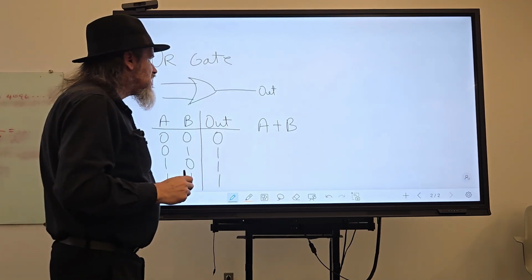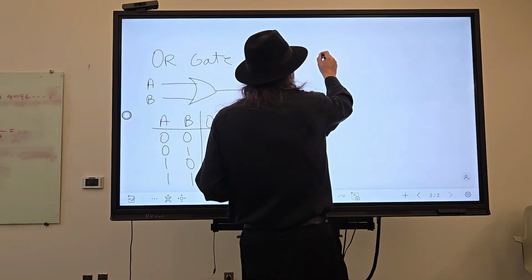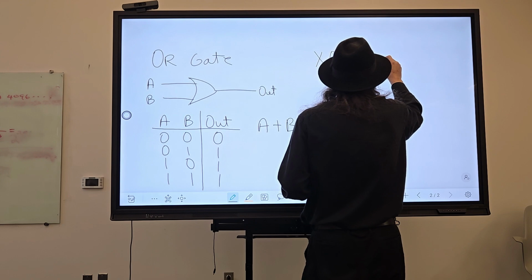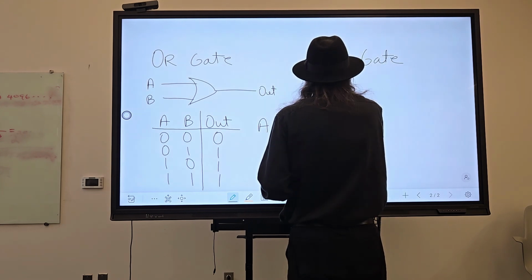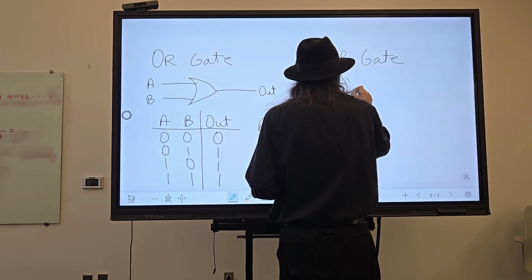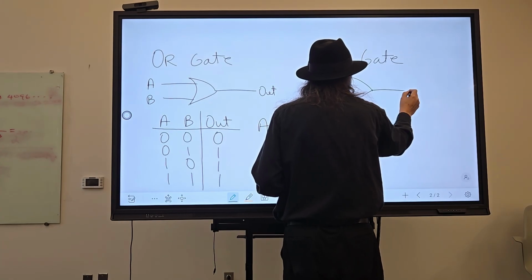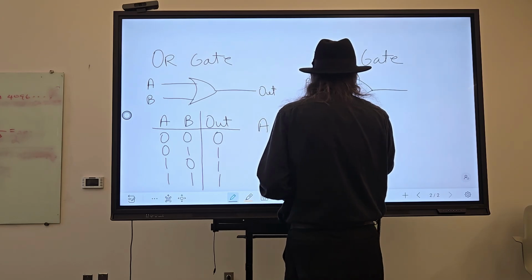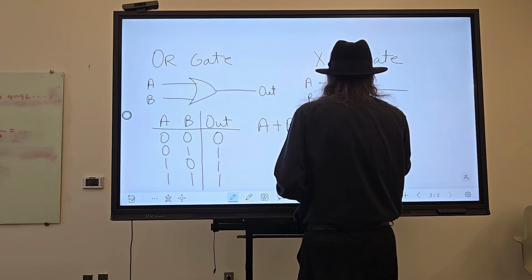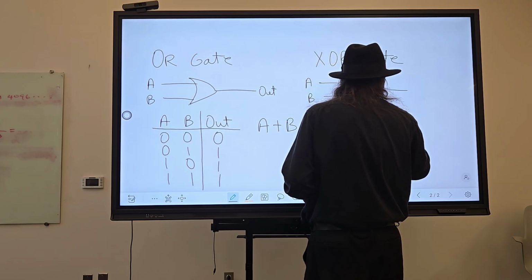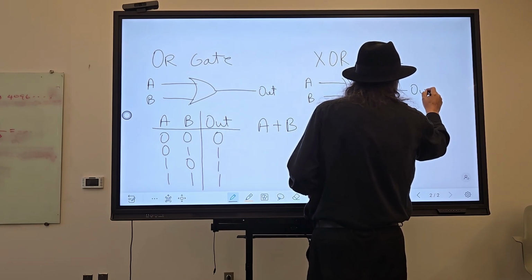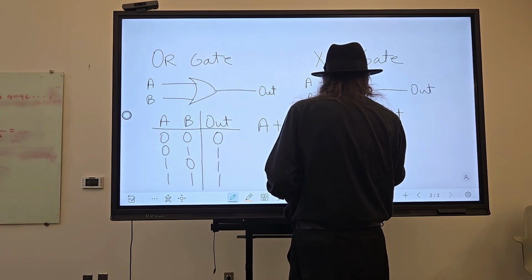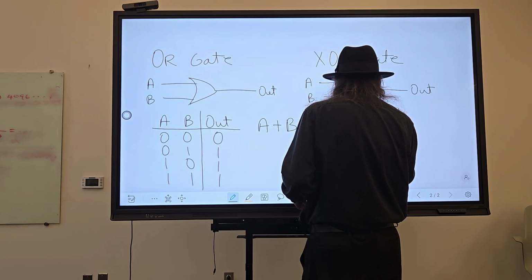The XOR gate is similar to the OR, except it doesn't go high if both inputs are high.